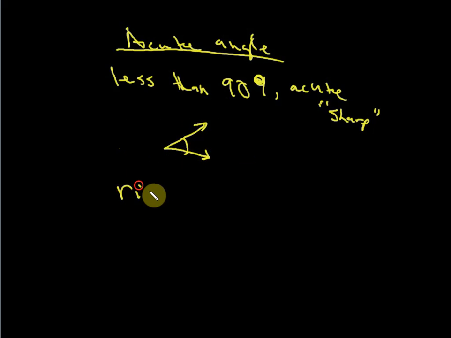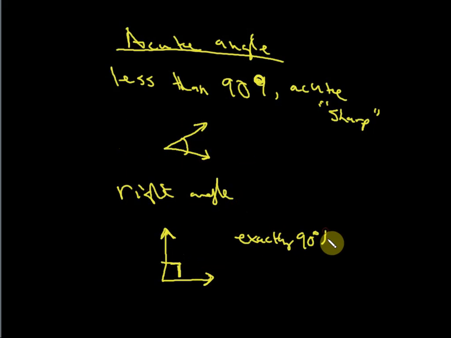And then we have the right angle. Exactly 90 degrees. And anytime you'll know an angle is a right angle, they don't have to tell it to you, is when you see the angle denoted in a box form.